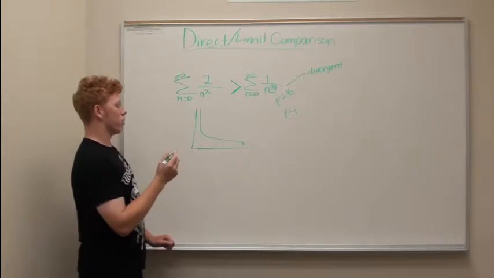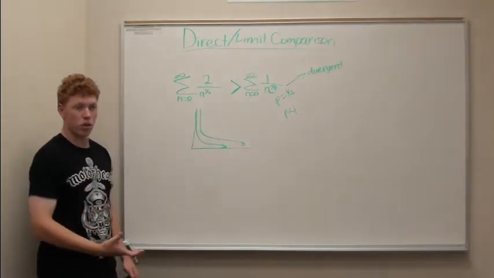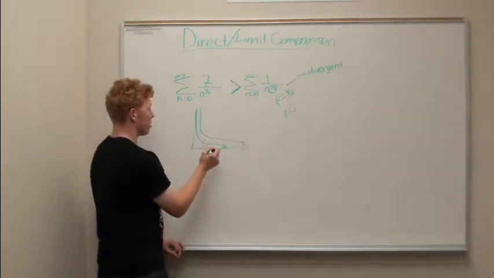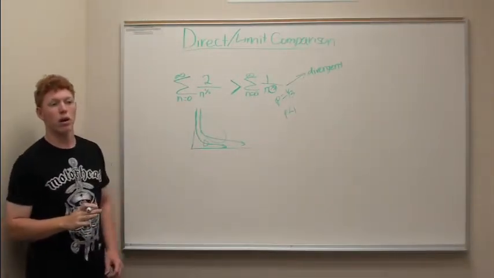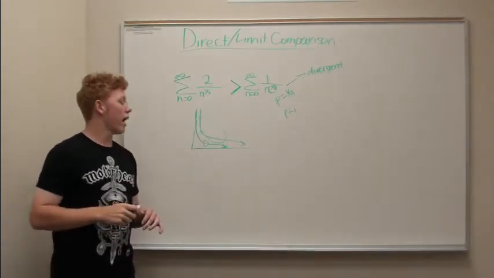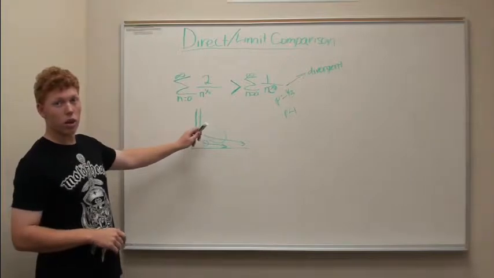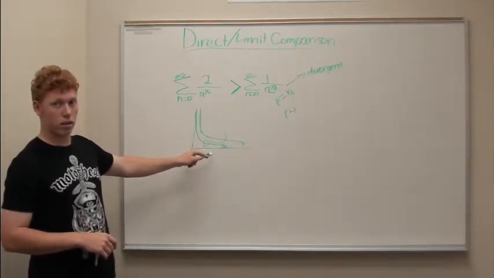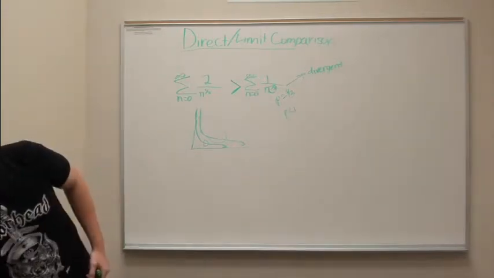Easy way to do it is to test a series that would be smaller than the original. Because if a small series is divergent, then the bigger series is going to be divergent as well. Think of it basically as the small series pushing up the original larger series. That's the easy way to remember testing divergence.